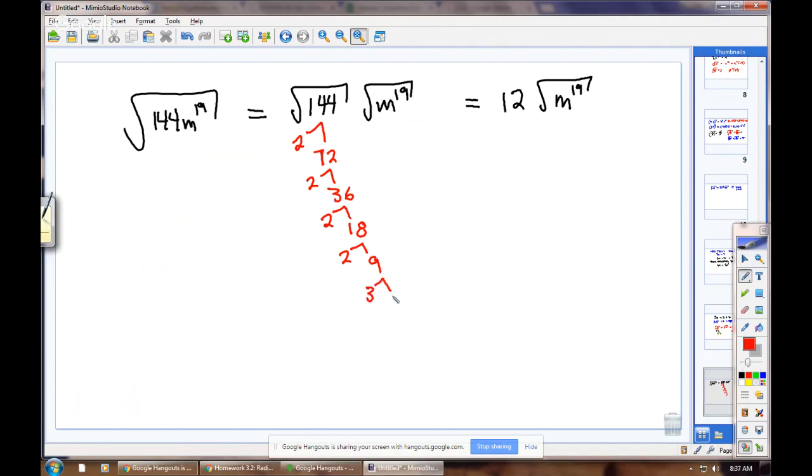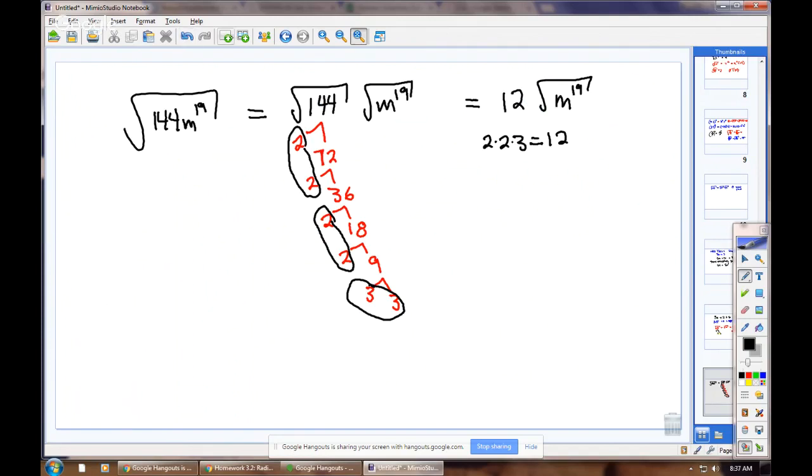And 3 goes into 9 3 times. And the principle for cleaning up square roots based on a factor tree is anytime you get a pair, it pops out as 1. So I'm going to get a 2 out there, another 2 out there, and a 3 out there. And what is 2 times 3? Well, it is 12. So there's more than one way to get this kind of problem done: either a factor tree or you just recognize perfect squares.